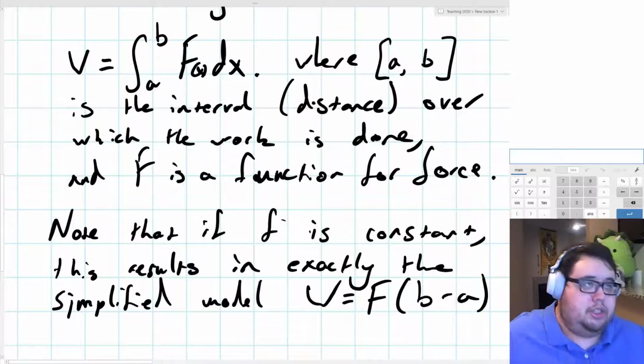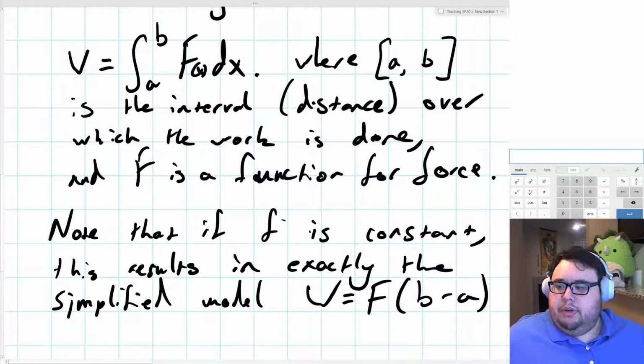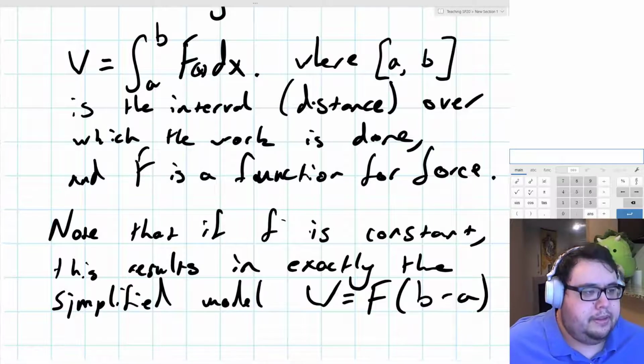Therefore, it's actually just the distance that the force is applied over, right?